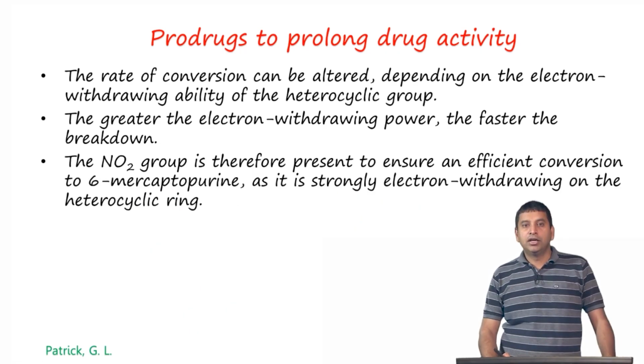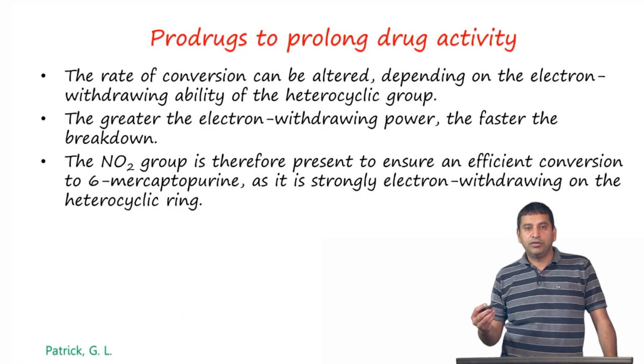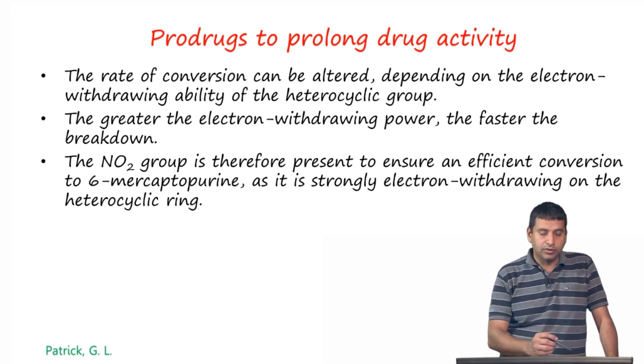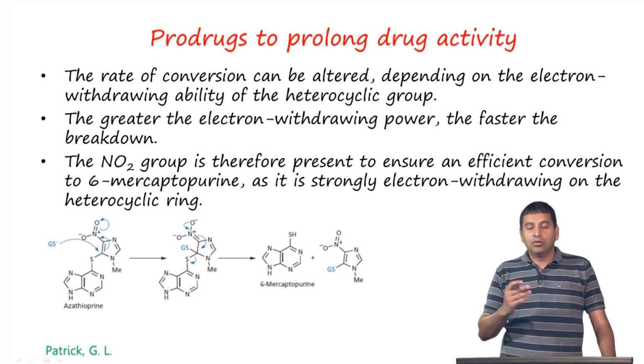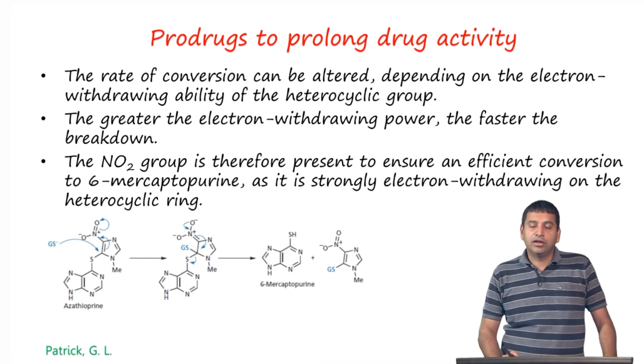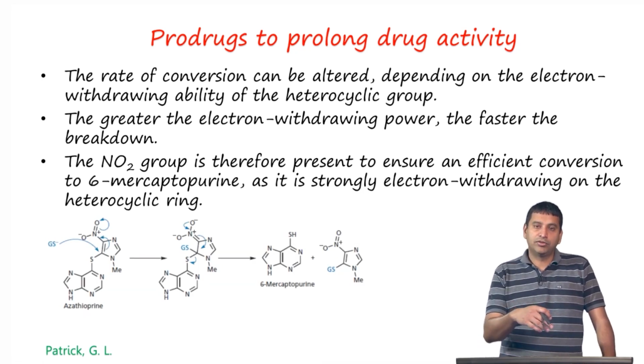Now, we can alter the rate of reaction with glutathione, and then you can actually slow down the release further or increase the release. If you put a strongly electron withdrawing group on the imidazole ring, we can change the electronics on this ring, so that we can tune the rate of reaction with glutathione.